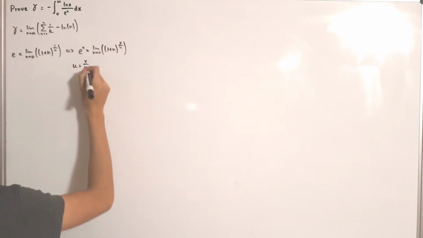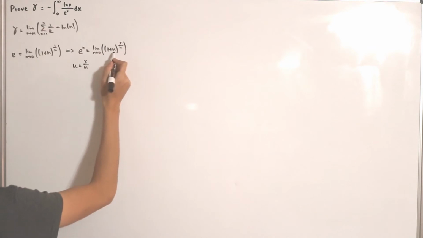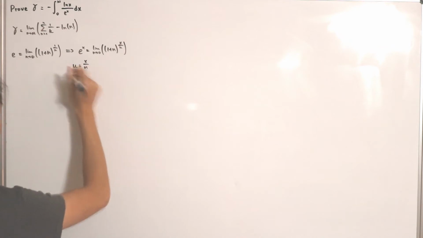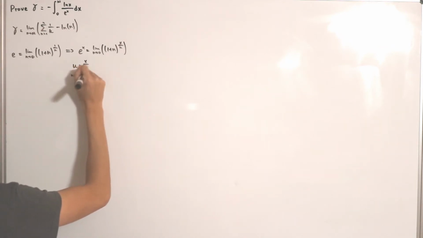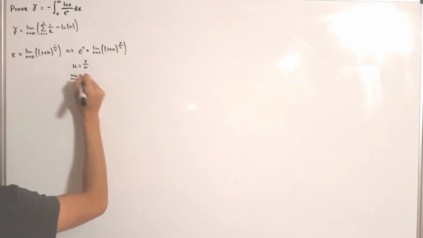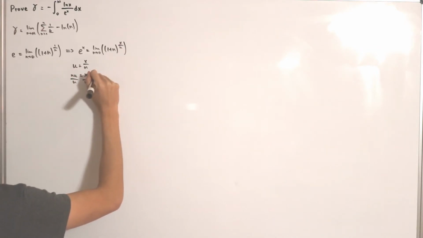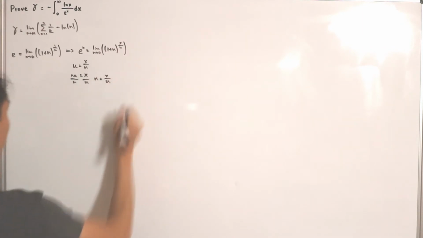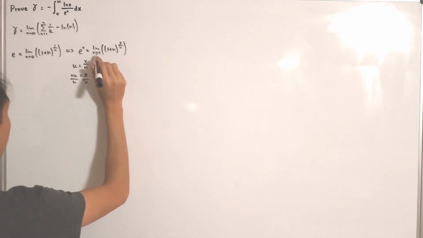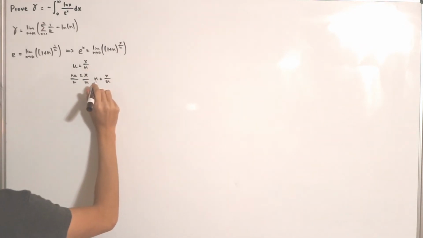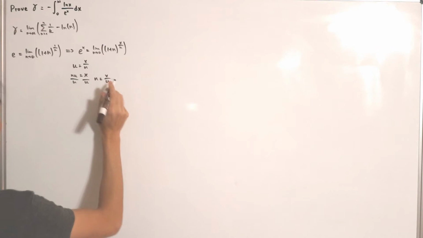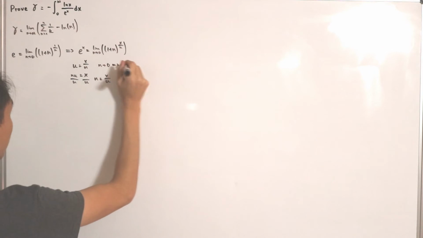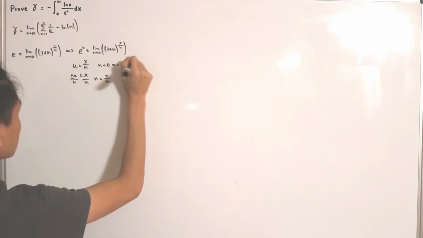Don't forget, since there's also a term of n right here, I also want to do the substitution for n as well. So when I do the multiplication, I get nu equals x, and then divided by u, so n is equal to x divided by u. Now also notice when n approaches 0, that means u has to approach infinity. So as n approaches 0, then u approaches infinity.